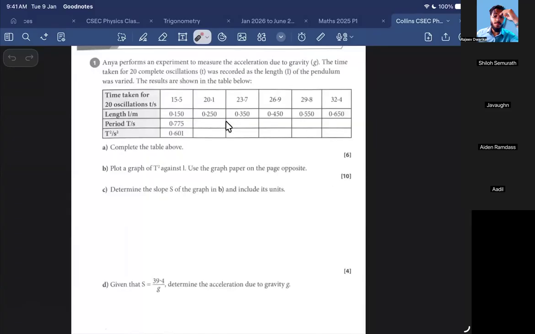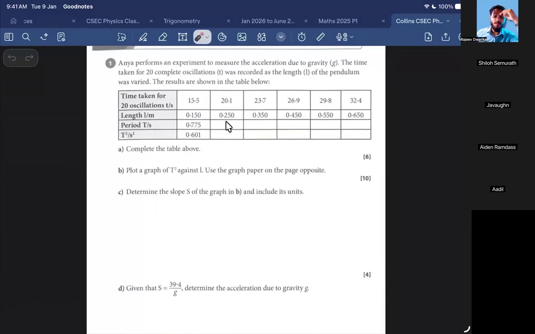Give this question a go. Actually, this question might take you all quite a while to do. I feel like the best course of action is to do it with me, because it could take quite a while, to be honest. So, best we do it together. Yes.